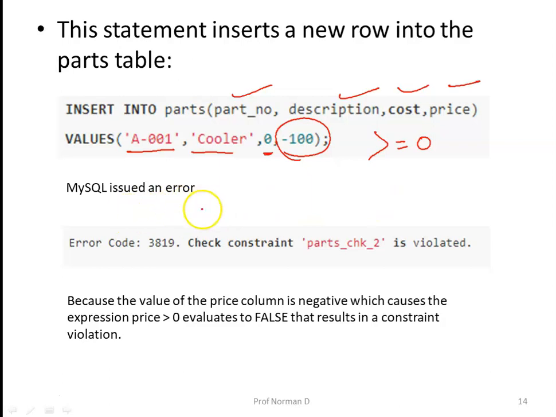And in this case, MySQL will issue an error. The error has been issued with respect to the constraint parts_check_2, since this particular constraint has been violated. It is being violated only because the value is in the negative range, which does not satisfy this condition. So basically it is a constraint violation.